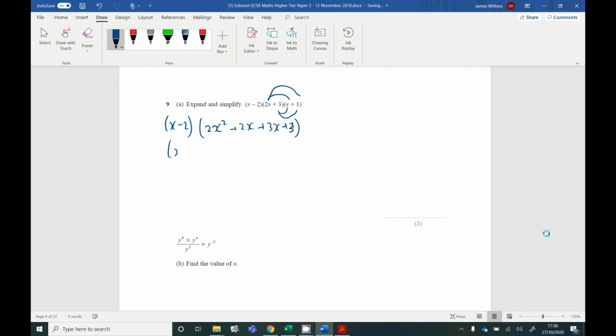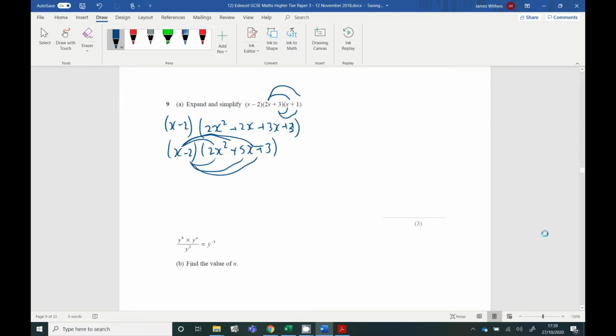So gathering up the second bracket, we have 2x squared, 2x plus 3x is plus 5x, and we've got the plus 3 on the end. So we now do our claw from the first bracket to our new second bracket. So we're going to do x times the 2x squared, x times the 5x, and then x times the 3, minus 2 times that, minus 2 times that, minus 2 times that.